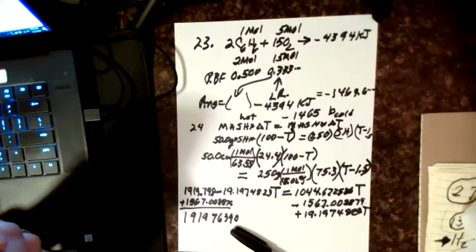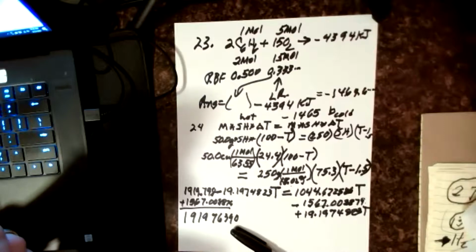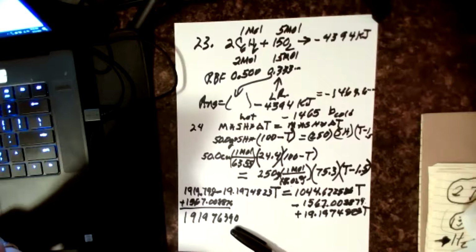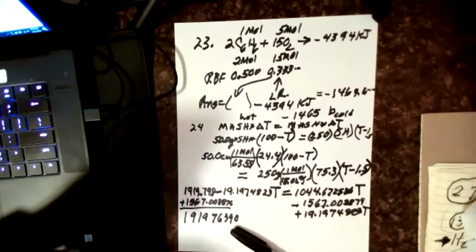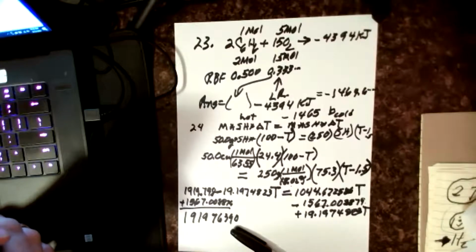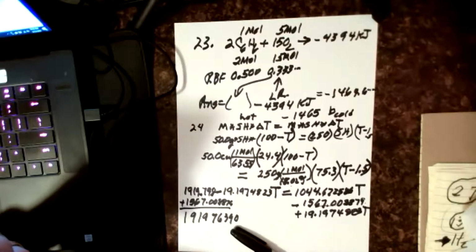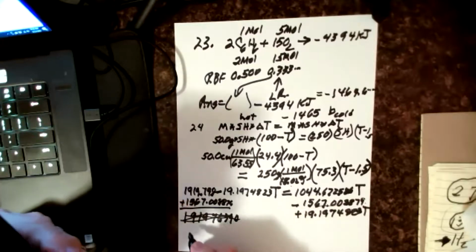Now I want my 1919.748 23, that was the other digit. That's got it. Now, that gives me a number that makes more sense.